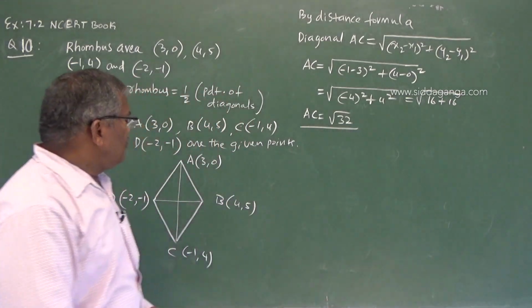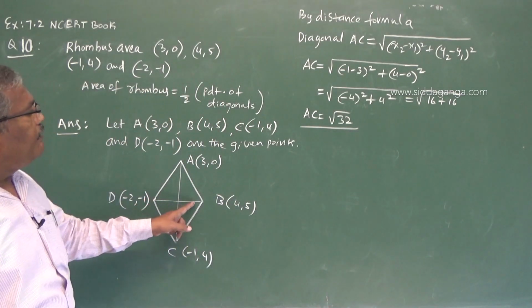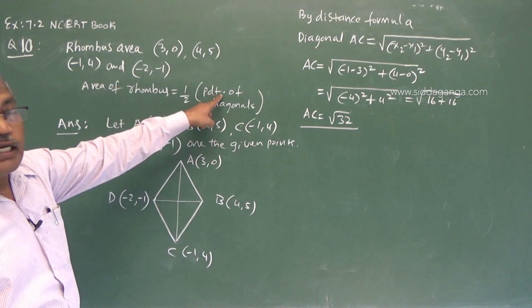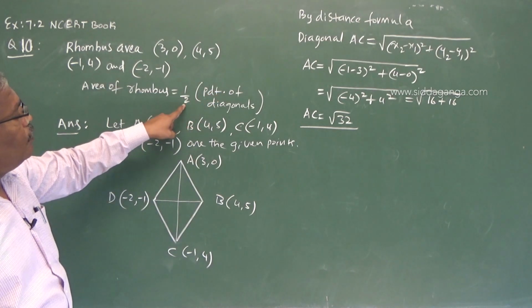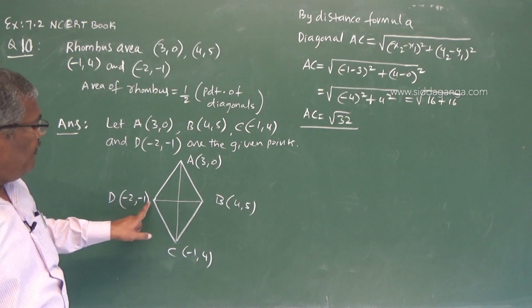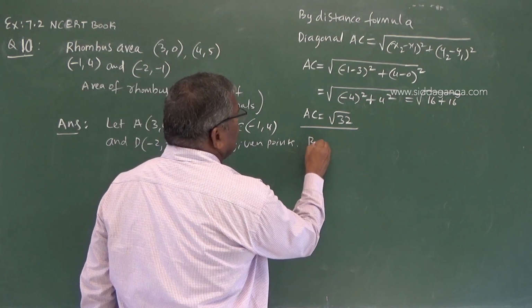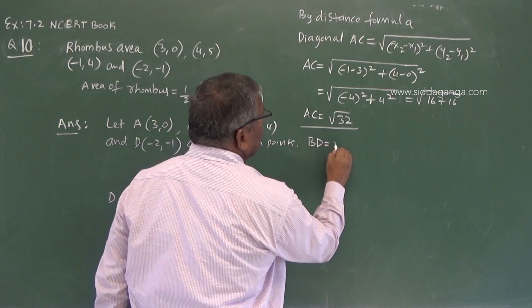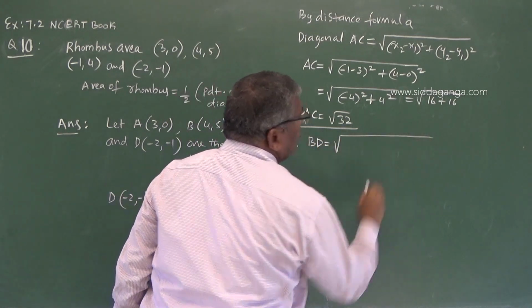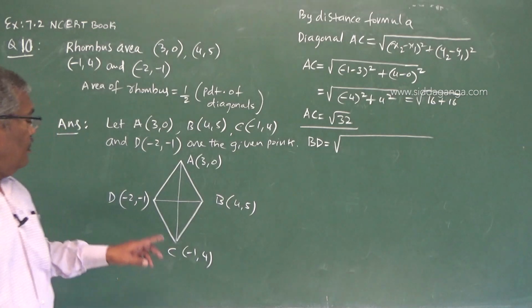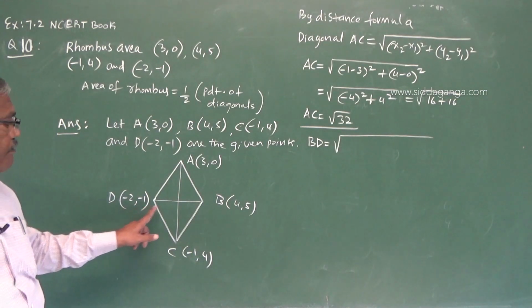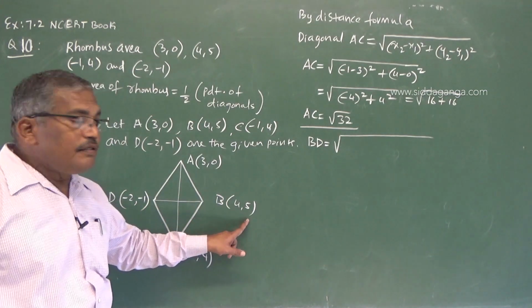We want one more diagonal BD, because we want to find the product of diagonals and divide it by 2. So therefore find BD now. So BD equals square root of, this is (x1, y1), (x2, y2) in this case.